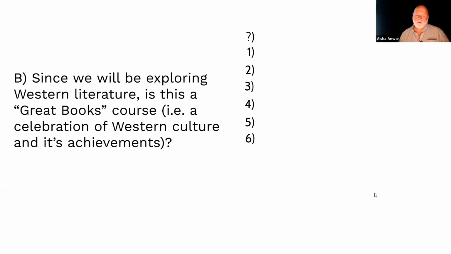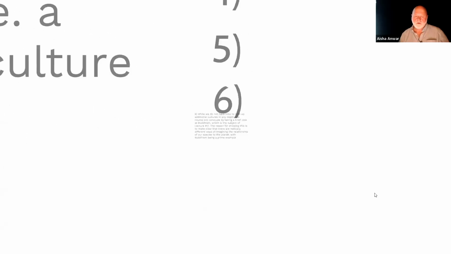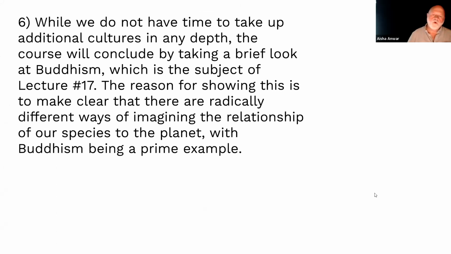But even though we're not going to talk about a range of other cultures, we are going to conclude, after we do that whole trajectory, starting with Gilgamesh and ending with Thoreau and Rachel Carson, by looking at one tradition for one class, which is Buddhism. Why I selected it: first, it's still very influential. Nearly 500 million people on the planet, I think, self-identify as Buddhist.